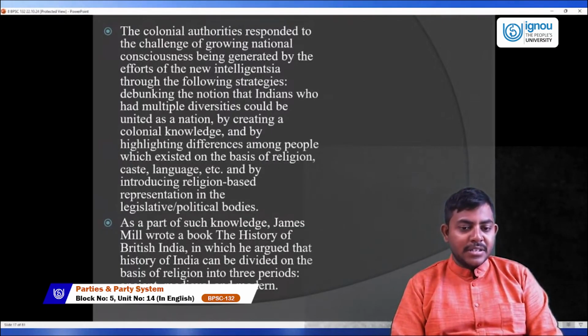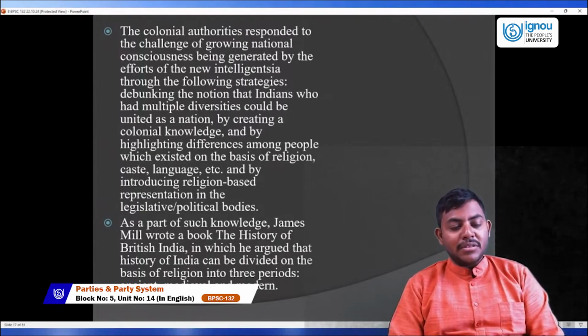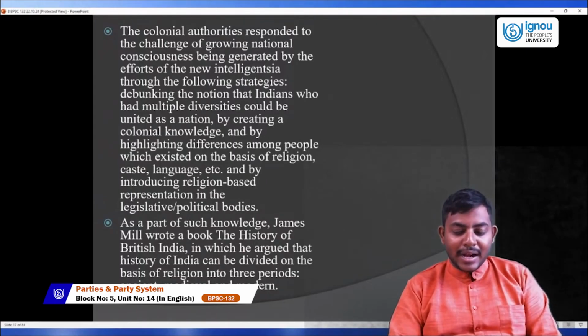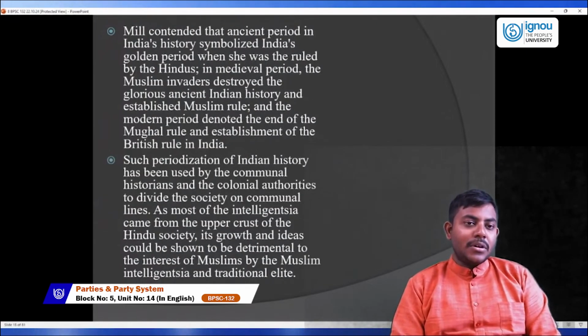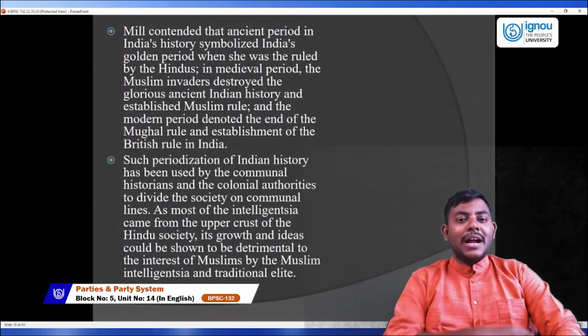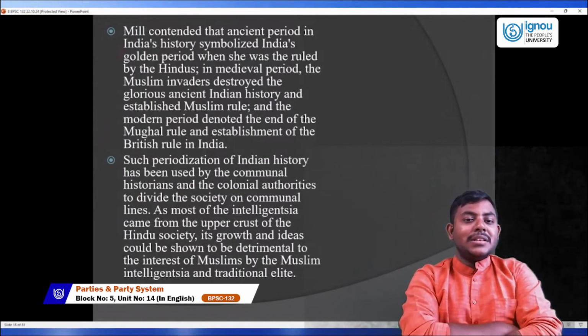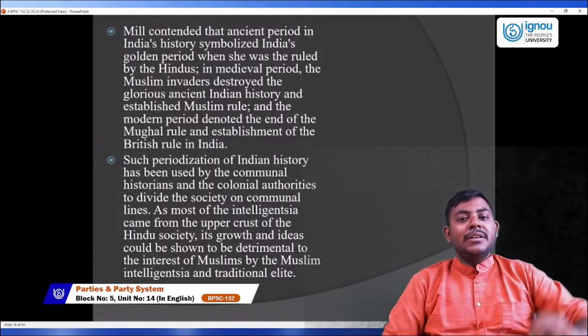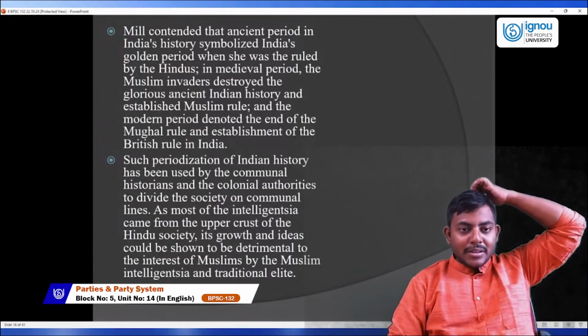So as part of such knowledge, James Mill wrote a book, The History of British India, in which he argued that the history of India can be divided on the basis of religion into three periods: ancient, medieval, and modern. So Mill contended that the ancient period in India's history symbolized India's golden period when she was ruled by the Hindus.